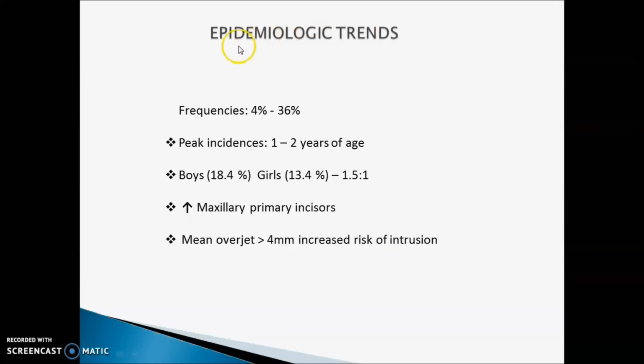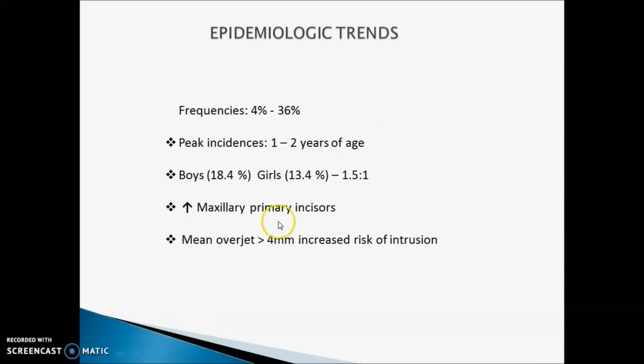First of all, let's know the epidemiological trends, a commonly asked question in the examination. What's the frequency of trauma in primary teeth? It is around 4 to 36%. What is the peak age? It's 1 to 2 years of age. Why do we see it around 1 to 2 years of age? Because it is this age where the child starts crawling, their motor control is developing, and because of lack of neuromuscular stability, they may undergo trauma.